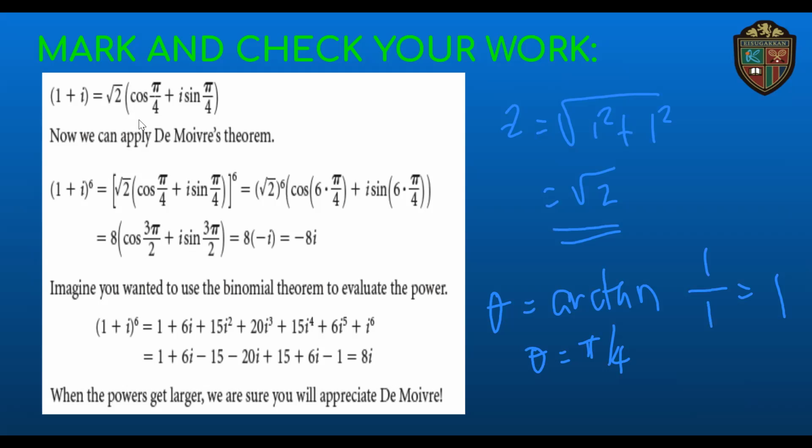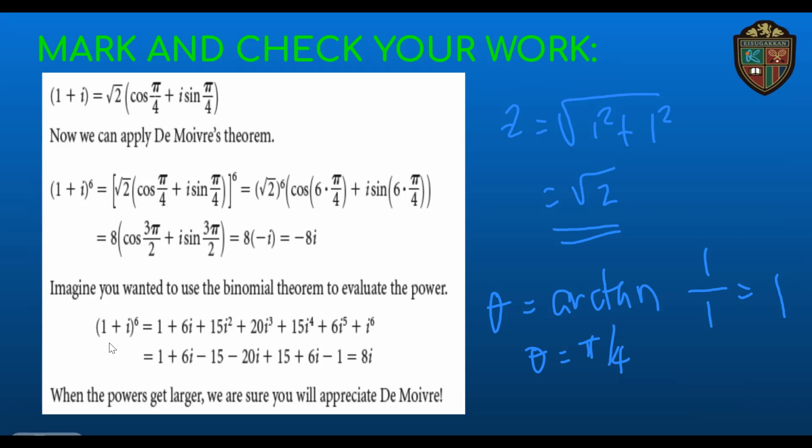So once we have converted the Cartesian form of the complex number into trig form, we can then apply De Moivre's theorem to find the result when we have 1 plus i to the power of 6. Applying De Moivre's theorem, this will be raised to the 6th, the angle will be multiplied by the exponent, and so it will give us negative 8i.